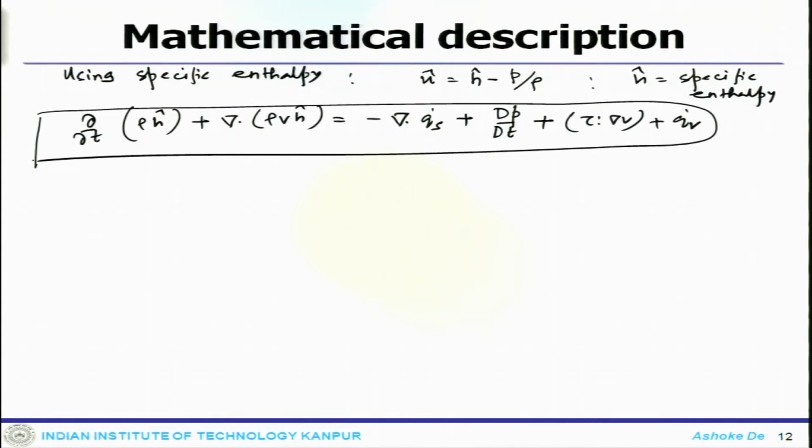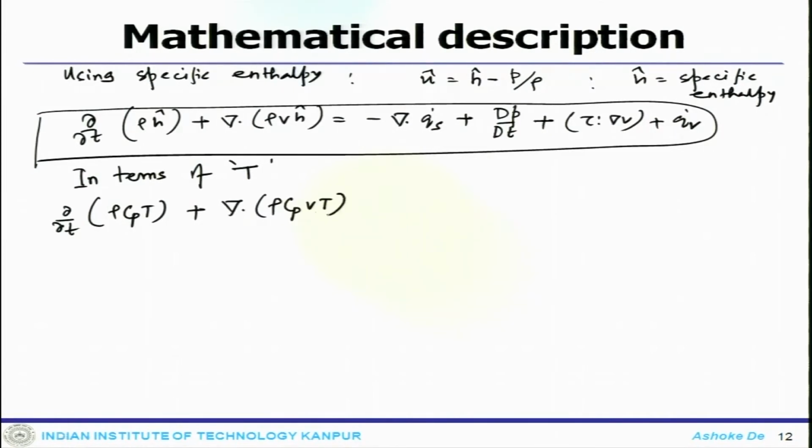Now, the one which more people are familiar with, or which is more commonly used, is in terms of T. In terms of T, in a simplified form it looks like: del/del t of rho Cp T plus del dot rho Cp V T equals del dot K del T plus Q_T.